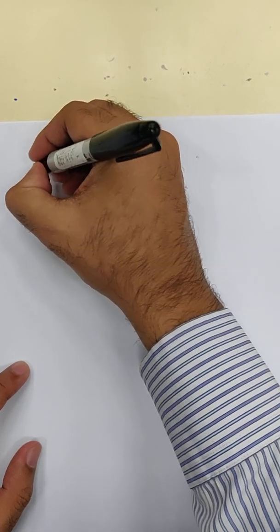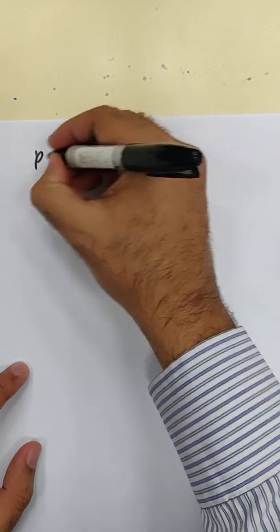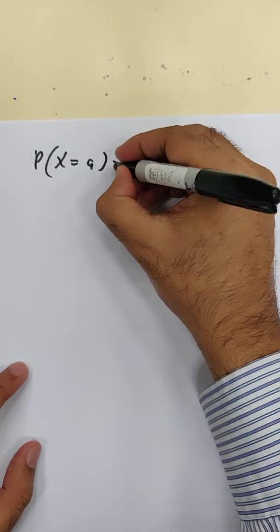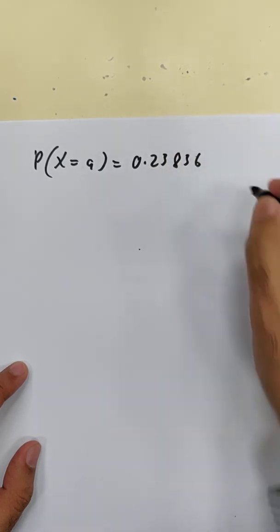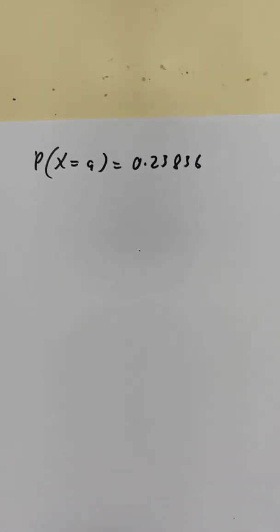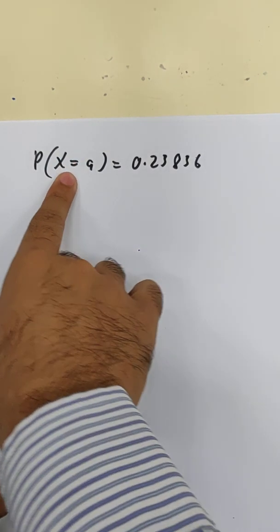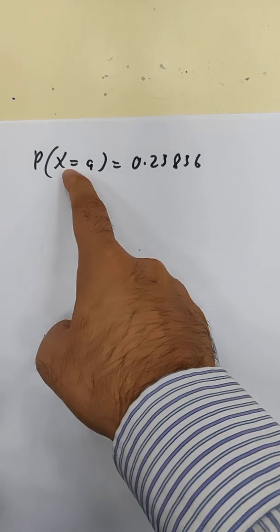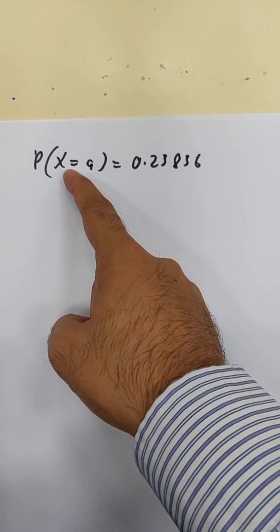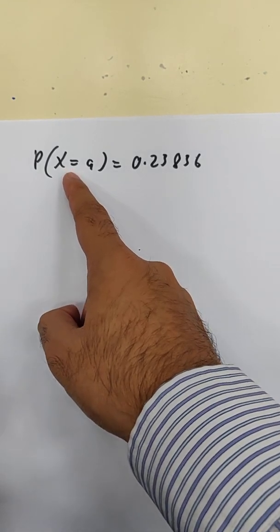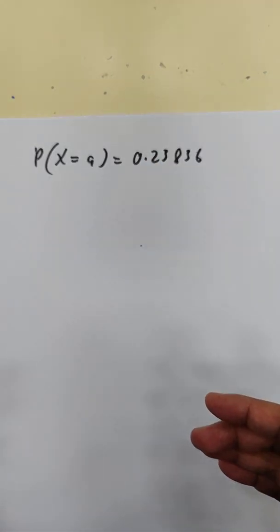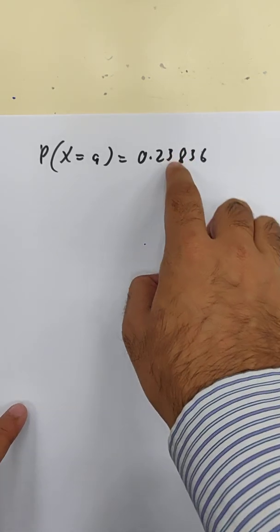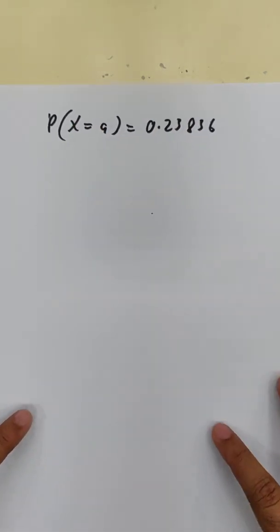Right? Okay, now the toughest one. Let's say you're given something like this, P(X = a) is 0.23836, and now I want to find the value of a. Okay, now you need to understand, this one is equal. It's not less, it's not more. So normally if I go with equal, I say if I want to find the probability, the formula is the best. But it doesn't work this way, because we know this one, we want to find the x.